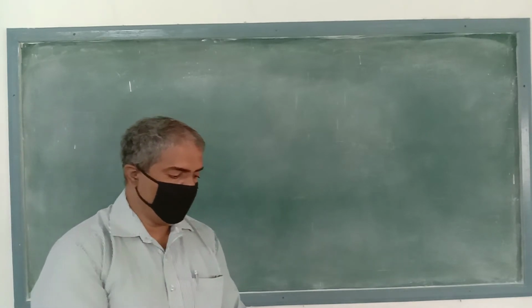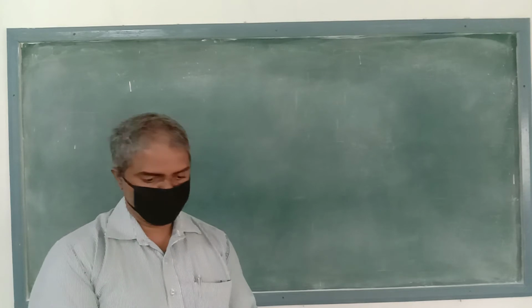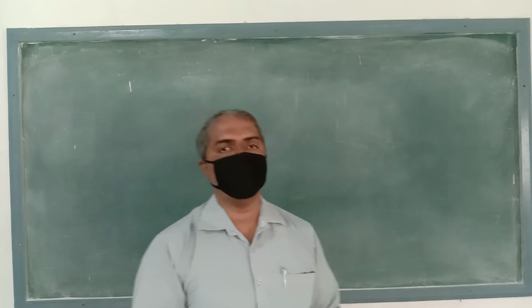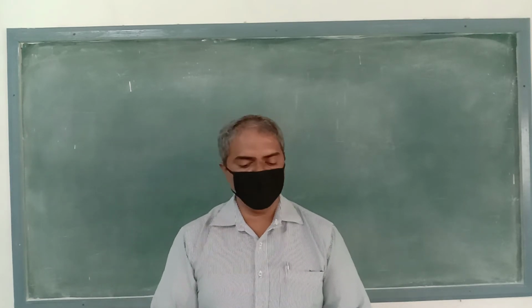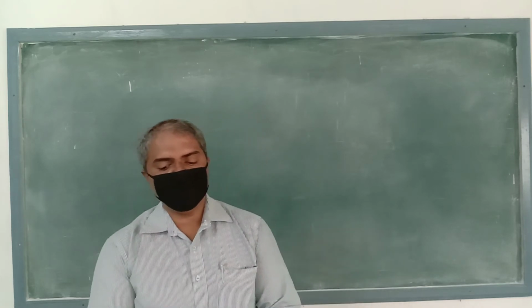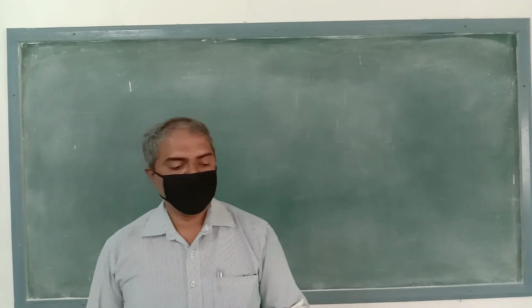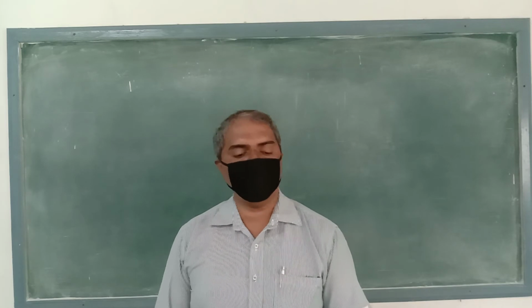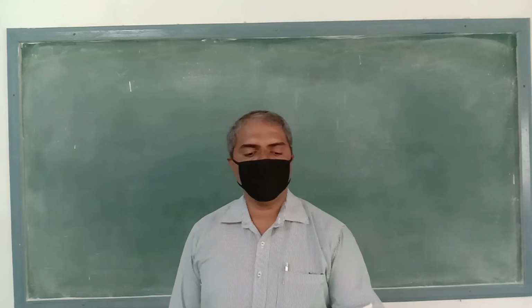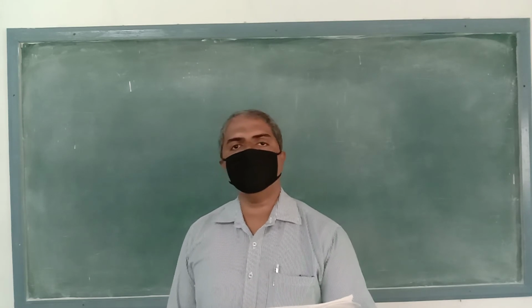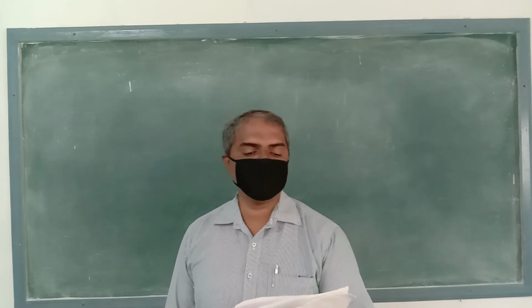Take down the next problem. A steel rod whose thermal conductivity k is equal to 30 watt per meter degree Celsius, 1 centimeter in diameter and 5 centimeter long, protrudes from a wall which is maintained at 100 degrees Celsius.